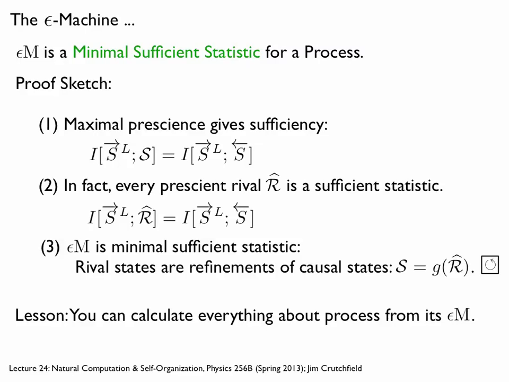Anything that does optimal prediction is essentially a sufficient statistic. But then we just established that in the space of all the alternative optimal predictors, the epsilon machine is the smallest, just because the rival states are refinements. So basically, it's a minimal sufficient statistic. And the punchline of the lesson is very simple. You can calculate every statistic, every property you want from a process's epsilon machine.